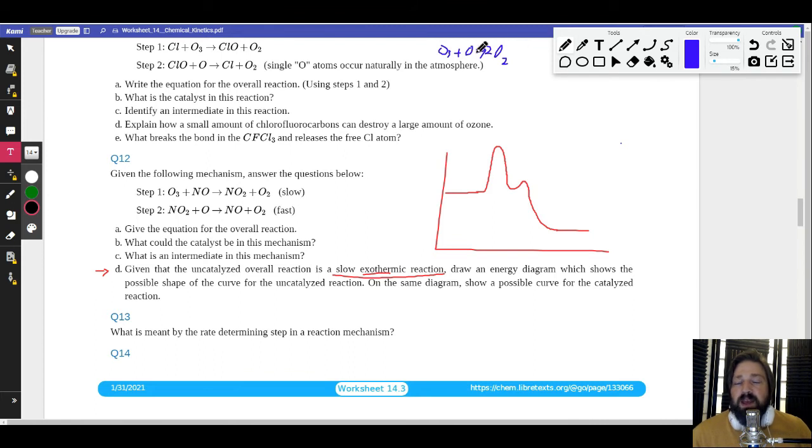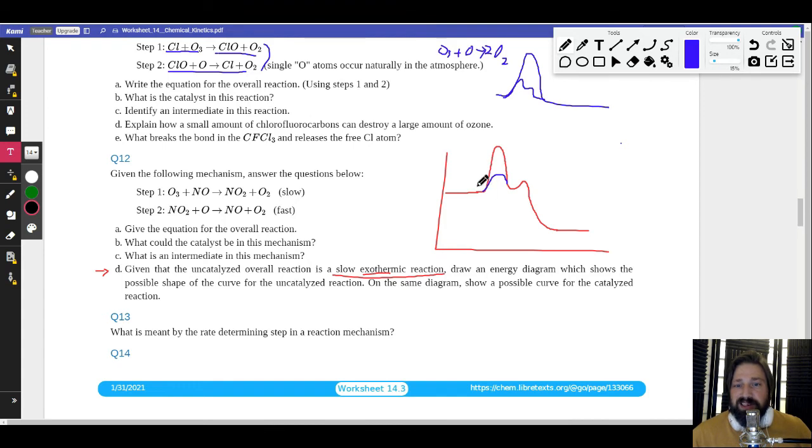That's fine. It probably has a very high activation energy in order for this to go through. This chlorine mechanism probably has a lot smaller activation energy. It's a different path to get to the same place. So this catalyst can lower that activation energy. So it's saying draw a possible curve for a catalyzed reaction. There we go.